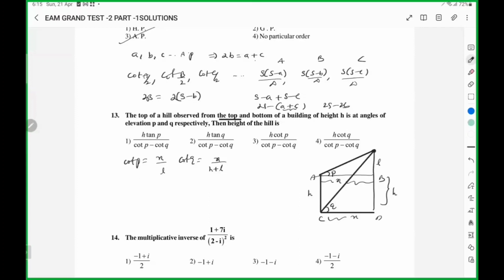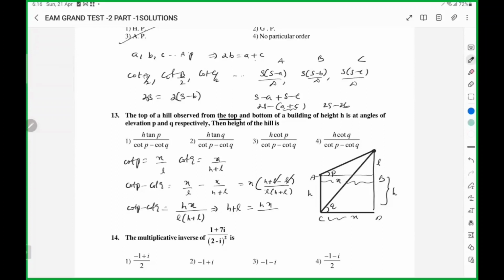So everywhere you have cot P minus cot Q, which is X by L minus X by H plus L, which gives H X by L into H plus L. What I want is the height of the hill, H plus L. Let us see the options.